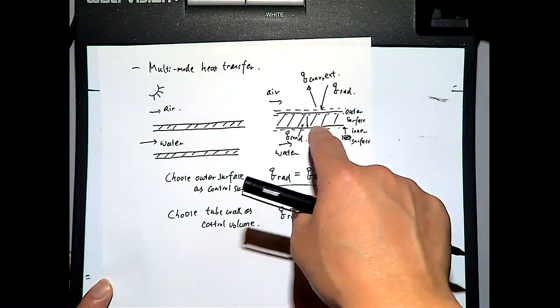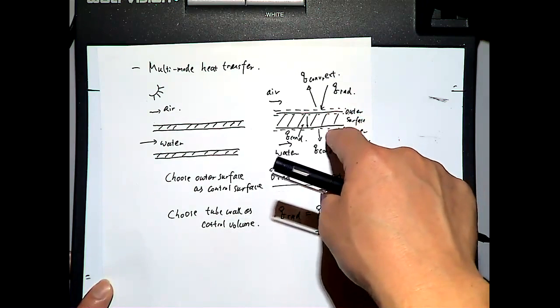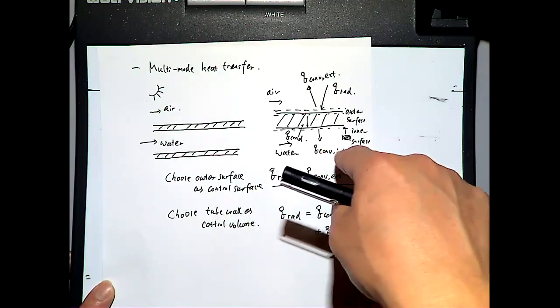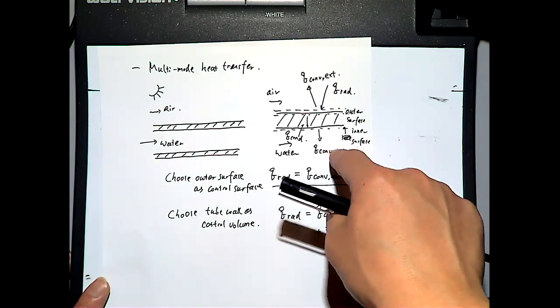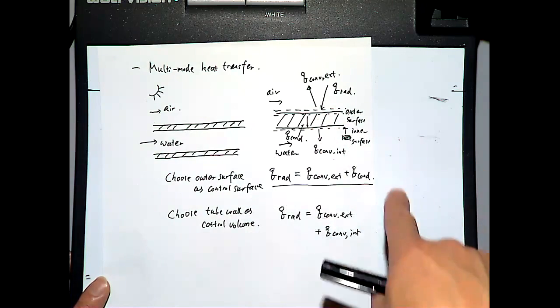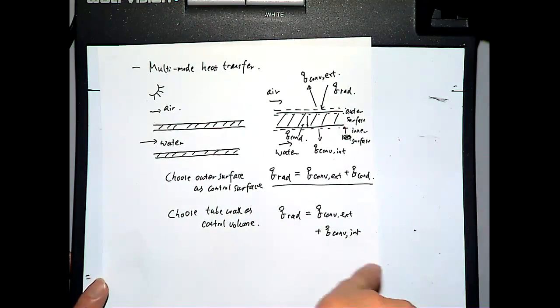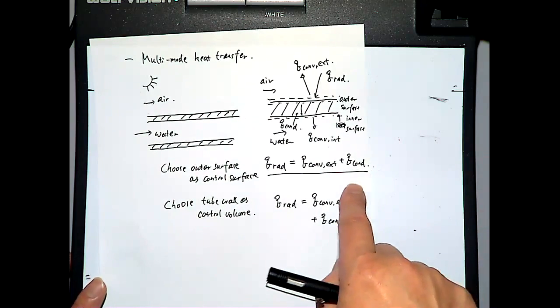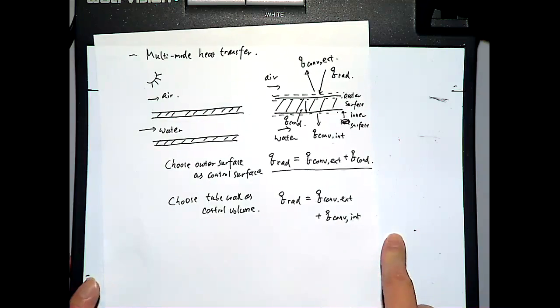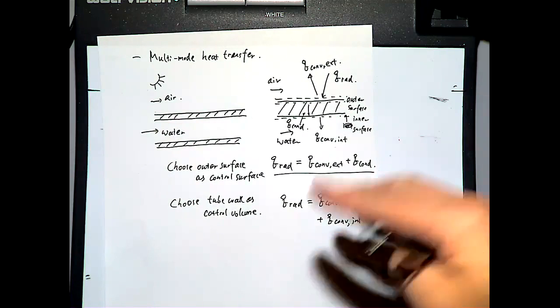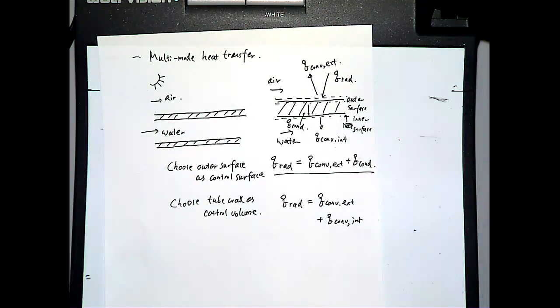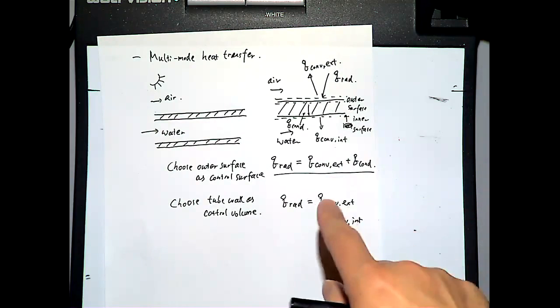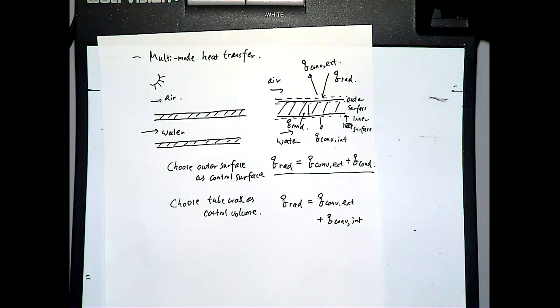Incoming would be conduction. Outgoing will be the internal convection, right? So essentially, we don't forget anything. But the things are equal if you conduct the energy balance on the inner surface, right?